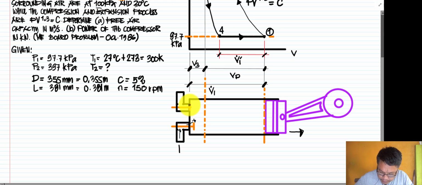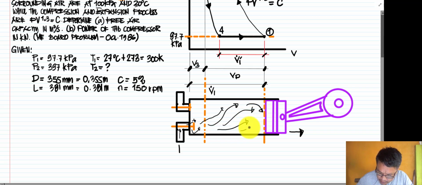We have your discharge valve, which is closed. So during the suction, air is flowing freely inside. It does not totally fill up.